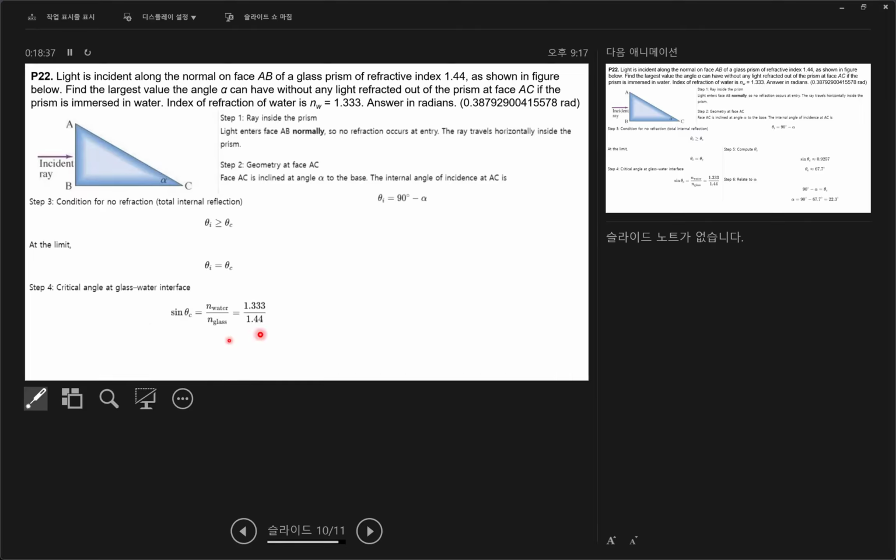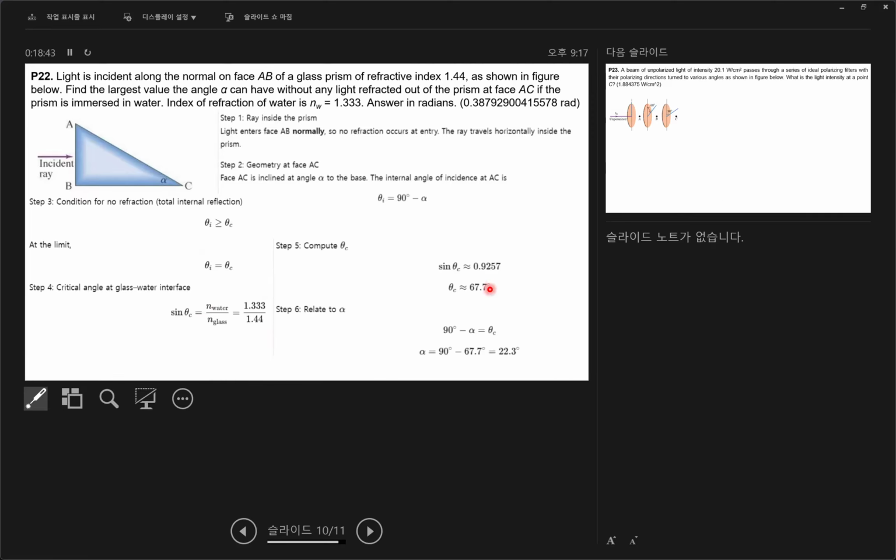We get the critical angle, and then you have this relationship, and alpha is nothing but 90 degrees minus the critical angle. Once again, we are applying total internal reflection.